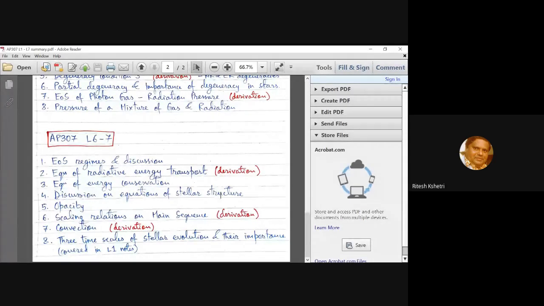And there we used the scaling relations for the main sequence stars, and we obtained very interesting relations.